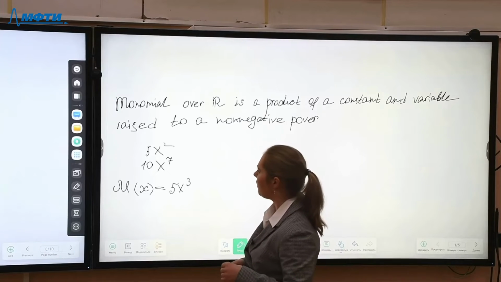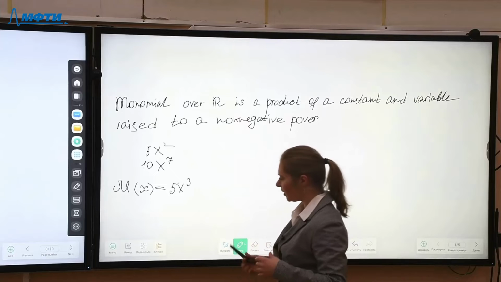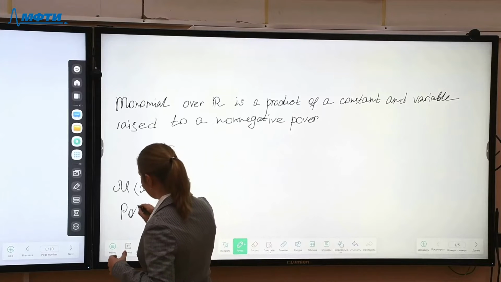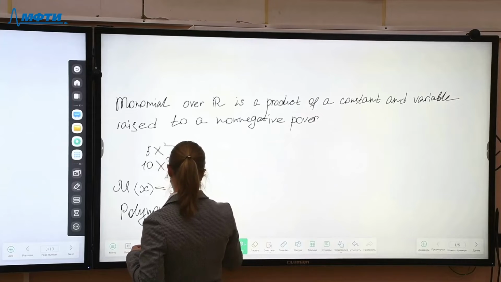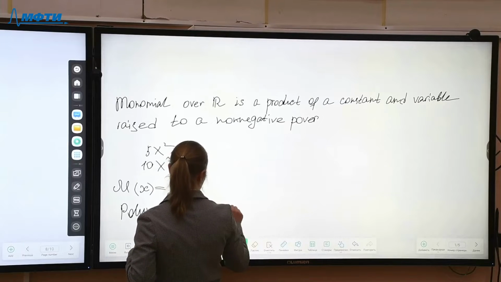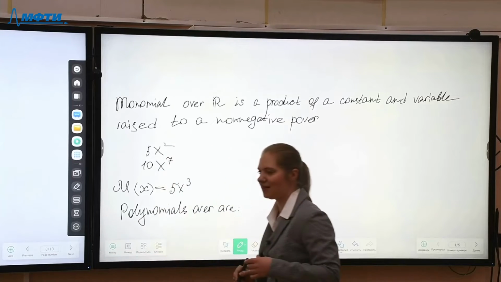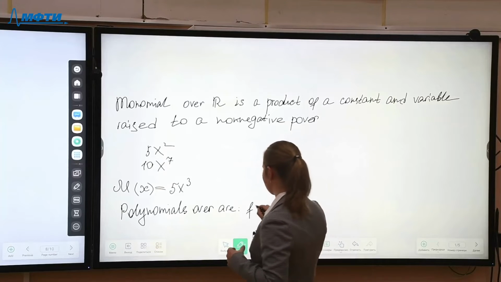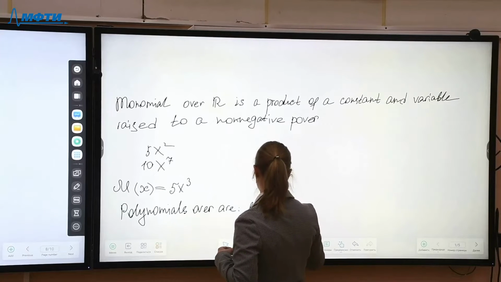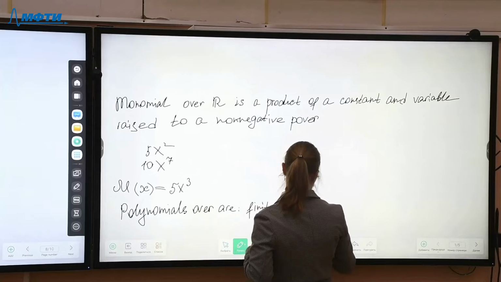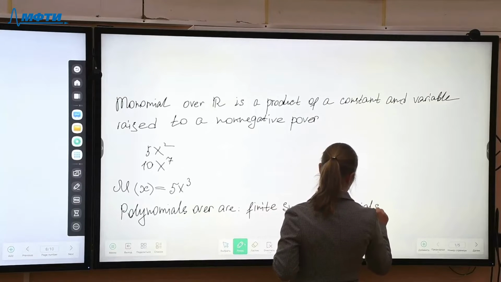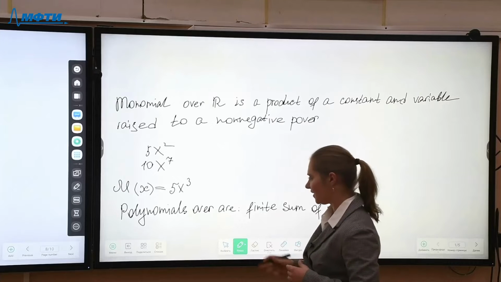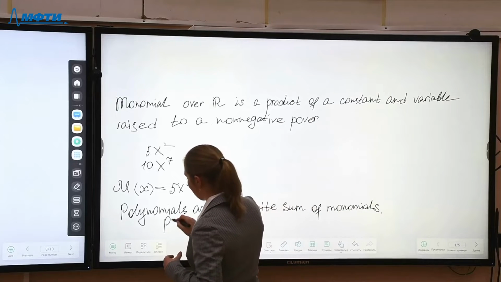And if we are talking about polynomials over R, this is a finite sum of monomials. And again, we can give a name.